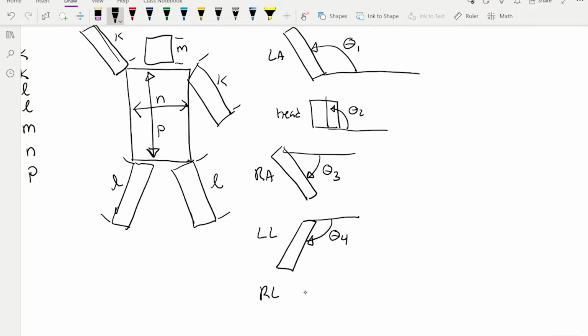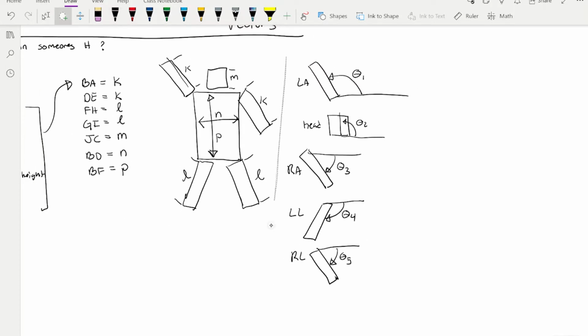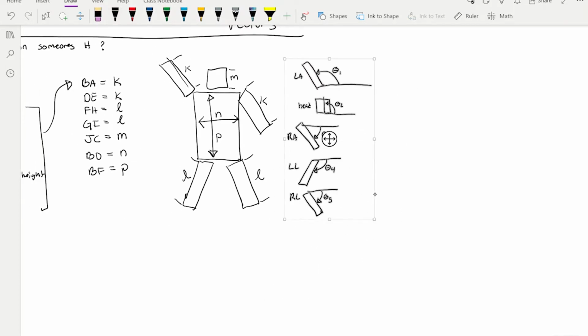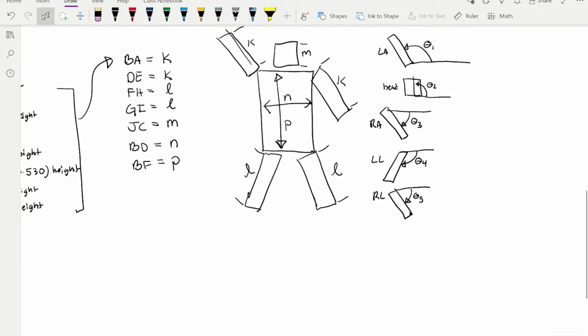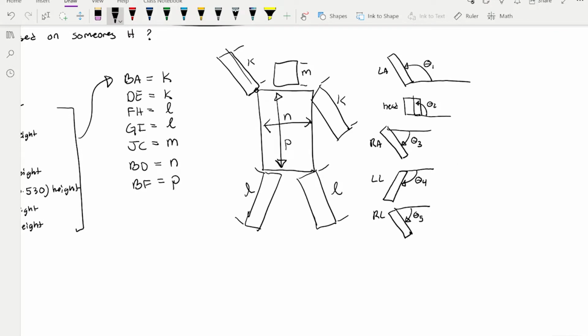And the left and right legs make some other angle, theta 4 and theta 5. Now we can use that information to make a system of points that describe the locations of all these vector coordinates that we have, right?